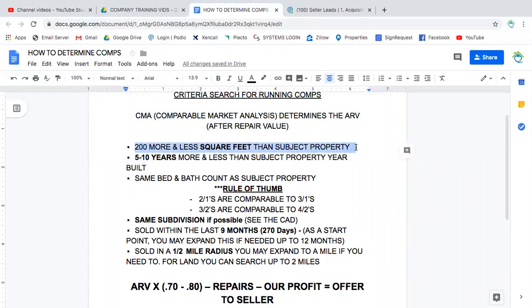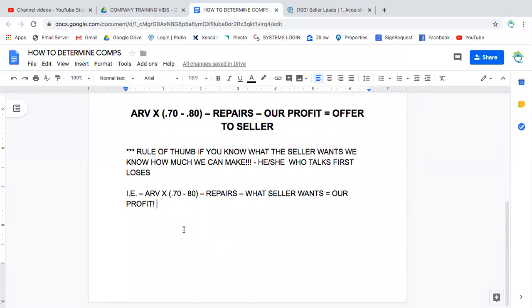The first criteria is 200 plus and minus square feet of the subject property. The subject property is the address of the property that you're working on. Let's give an example so we can all use it for reference.